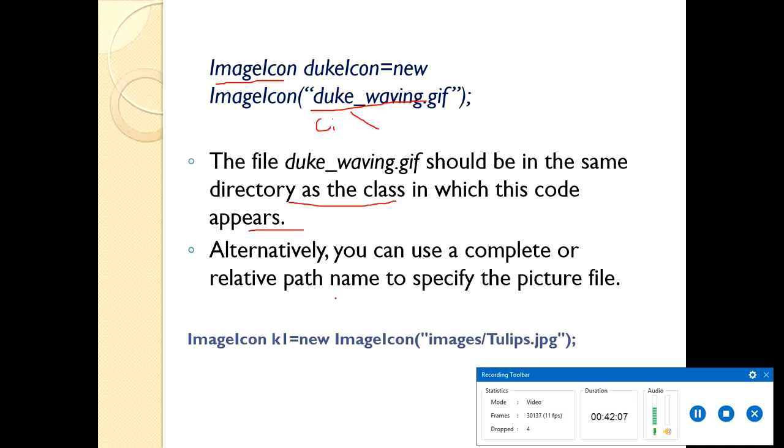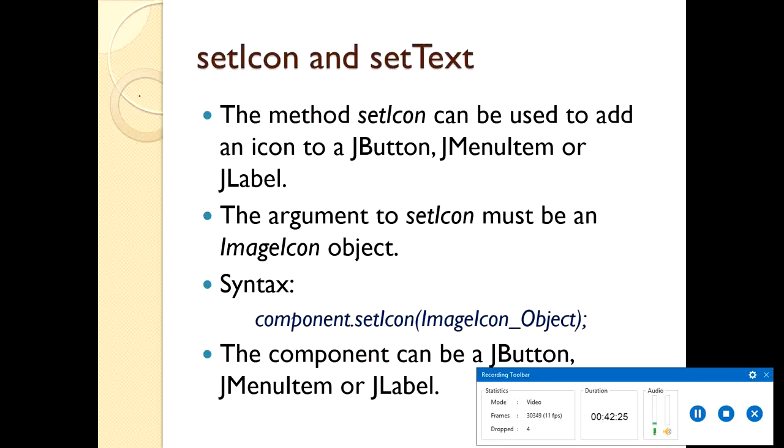Alternatively, you can use a complete relative path name to the picture file. So, for example, it is stored in images tulips.jpg. So, if the image is in some different directory and your program is in different directory, then you have to provide the complete path.